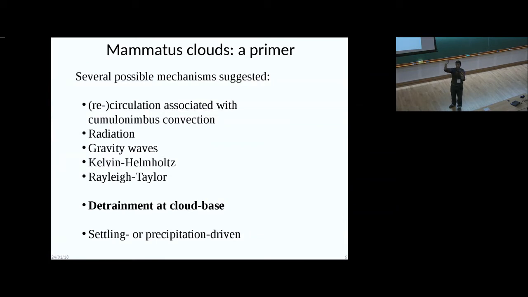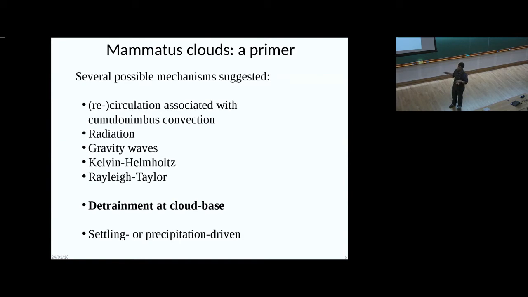So you can have two unsaturated parcels mix and suddenly become saturated. That leads to cloud air mixing with dry air becoming denser than either the cloud air or the dry air, if that makes sense to you. That kind of thing is driven by shear. If you have shear at the interface between the cloudy layer and the dry layer, that might lead to this kind of mammatus formation. But I won't tell you anything about it because we haven't yet done it.